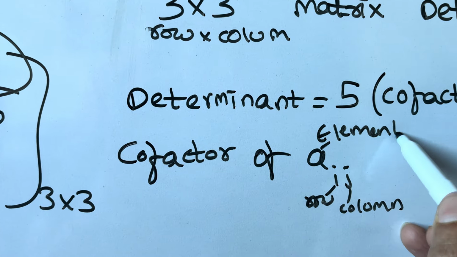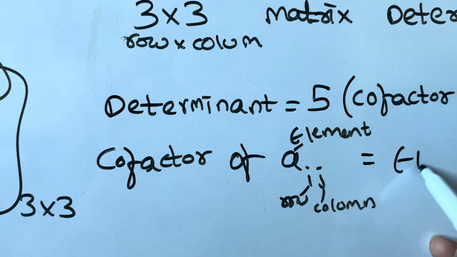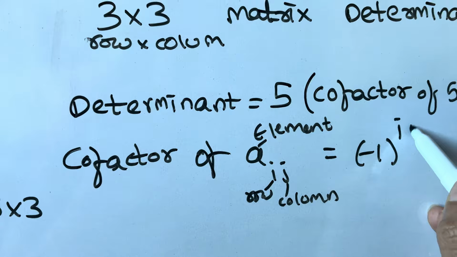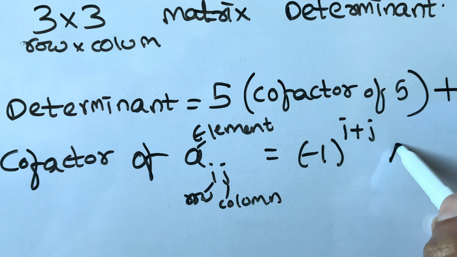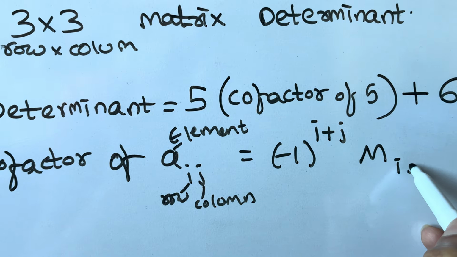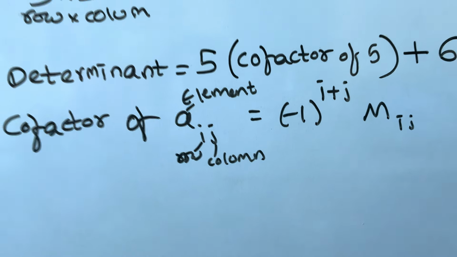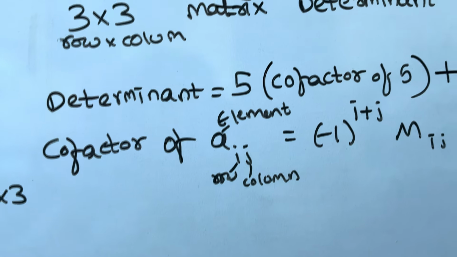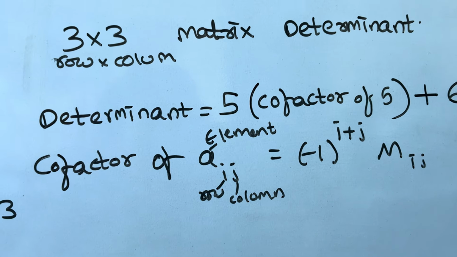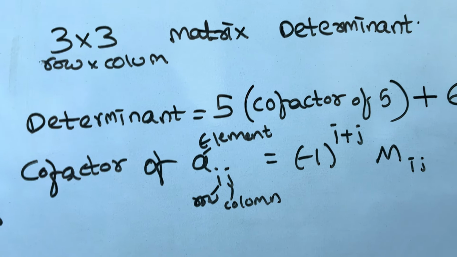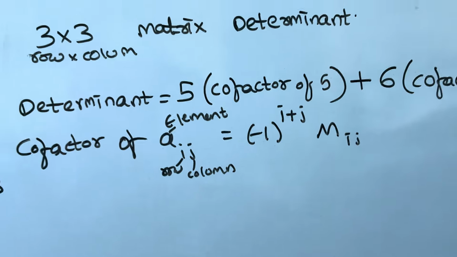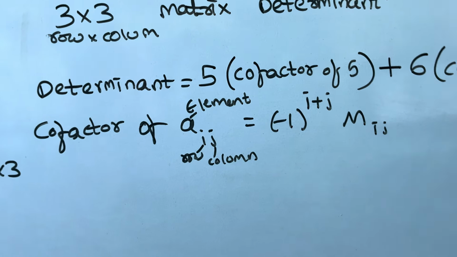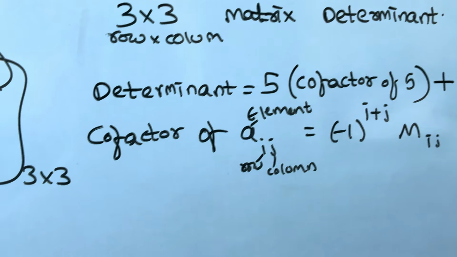So cofactor of any element can be written as -1 to the power its row plus column, i plus j, multiplied with minor of that matrix. And in my earlier videos, I have shown you how to find out the minor of the matrix. Minor can be found out by eliminating that particular row and column and finding the determinant of the remaining matrix. So let me explain it.